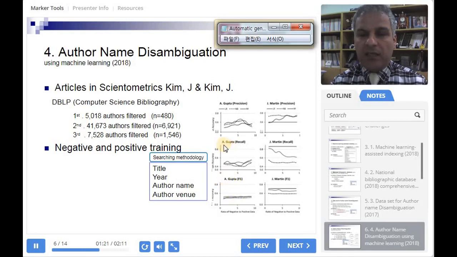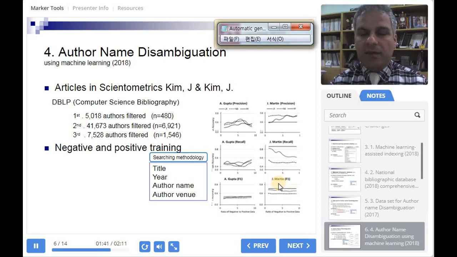But in another example, when we have positive training and negative training and we mix them together and we have a distance between the overlap lines, then the names are disambiguated.